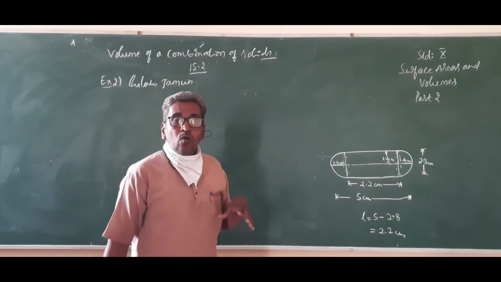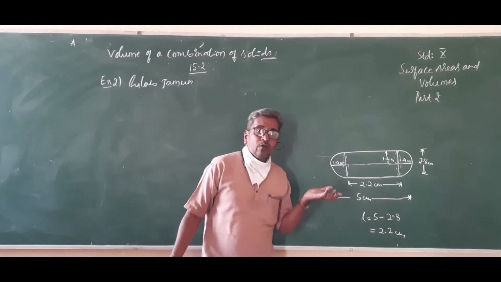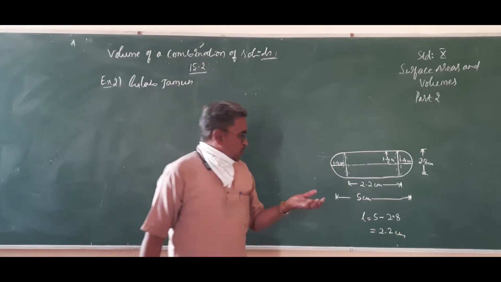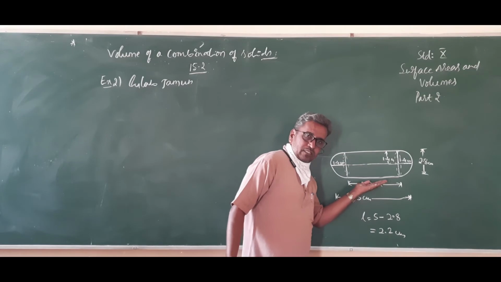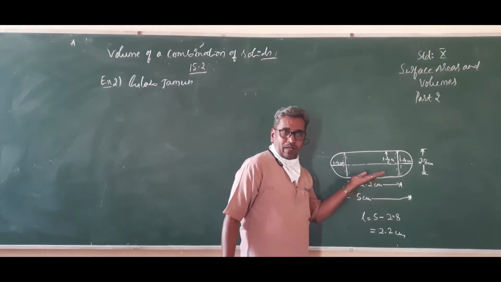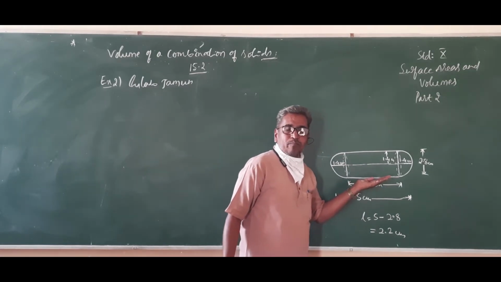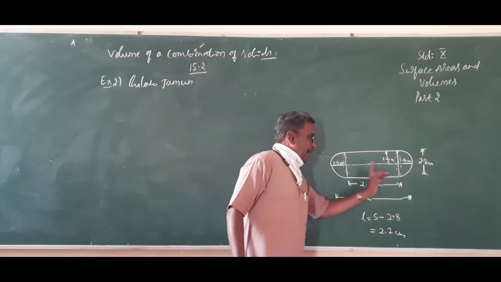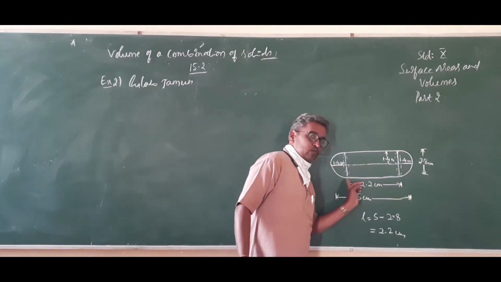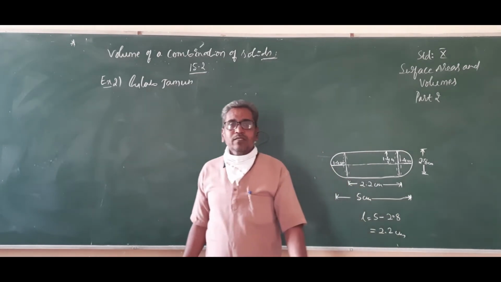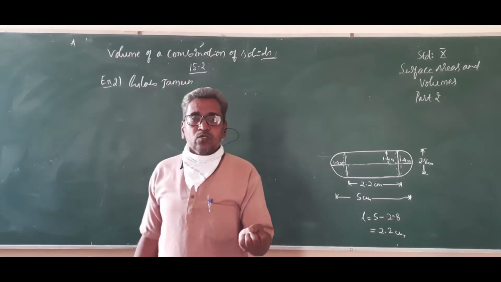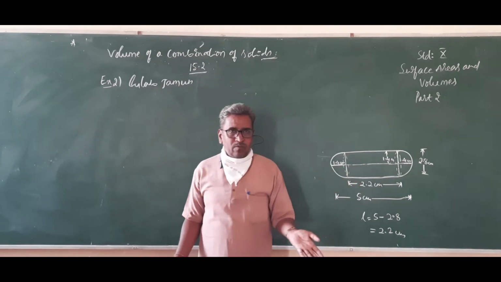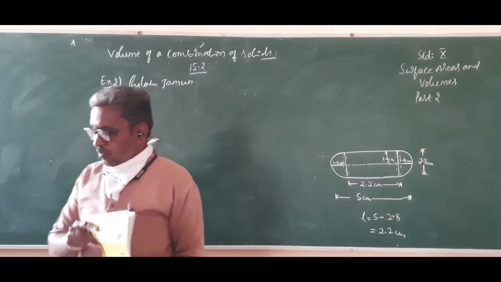Now, what is the volume of this gulab jamun? The syrup content is based on the volume of the cylinder plus the volumes of two hemispheres. Now calculate.